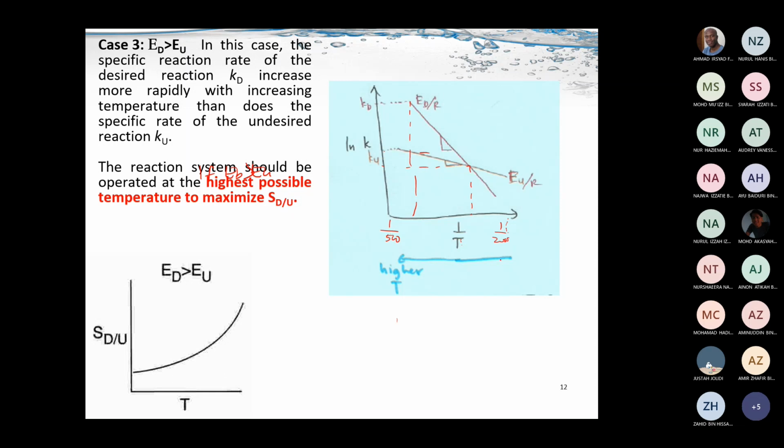So it means at a higher T, you will have higher KD. Understand? If lower T, actually it is for KU.